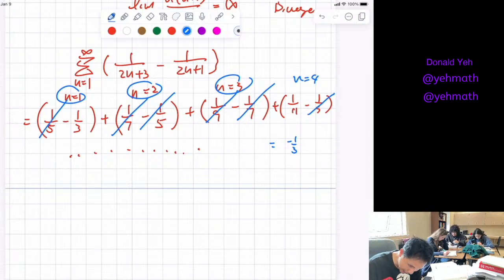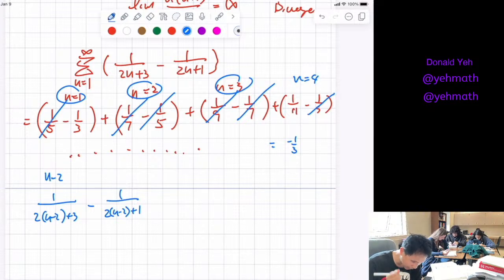So I'm going to write n minus 2 here and write out term by term. It'll be 1 over (2(n minus 2) plus 3) minus 1 over (2(n minus 2) plus 1).